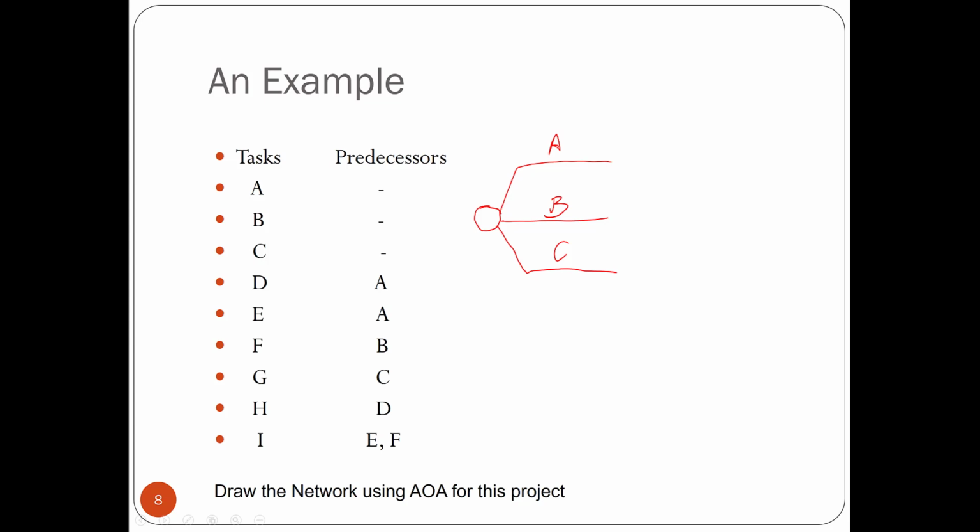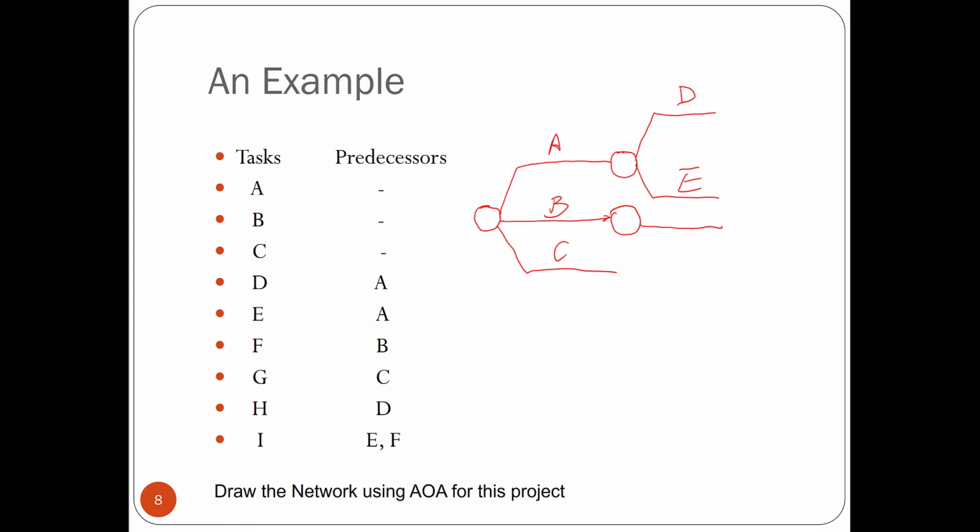So A is the predecessor of both D and E. So that means after A is complete, we can have D and E start. And D and E will be, again, 2 parallel activities that we can perform at the same time.